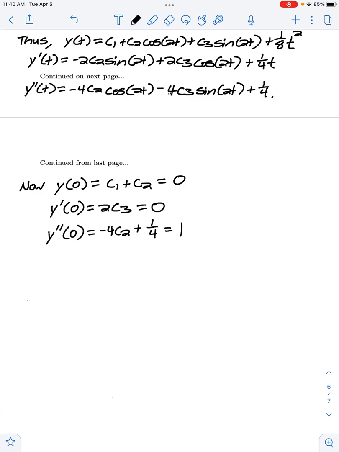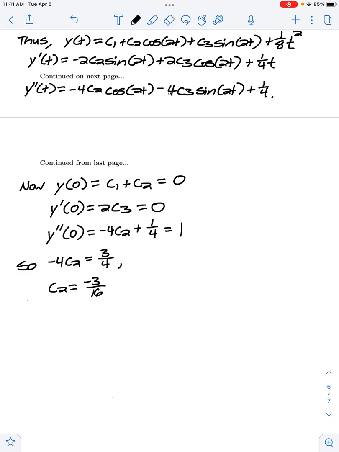So let's see what this gives us. Looking at my third equation, I could solve for c2. I find that negative 4c2 is equal to 1 minus 1/4, so 3/4. And then dividing through by negative 4, we find c2 is negative 3/16.